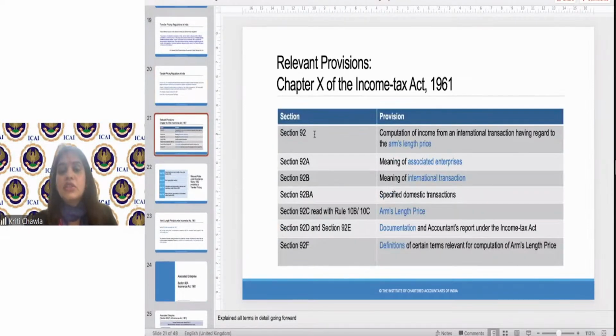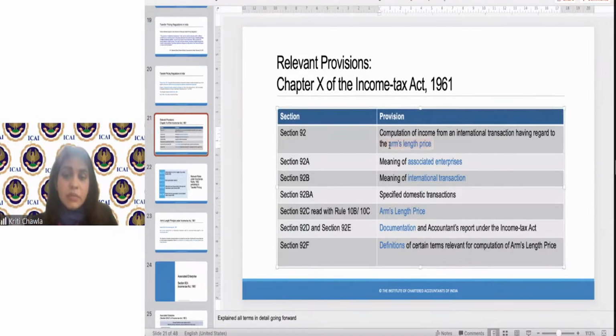If you look at the sections, section 92 says that if there is any international transaction between related parties, it should happen at arm's length price. Then there is what is arm's length price, which we'll discuss. Then there is section 92A, which gives the meaning of related parties. All this while I've been saying parent and subsidiary, but what exactly is the real meaning?